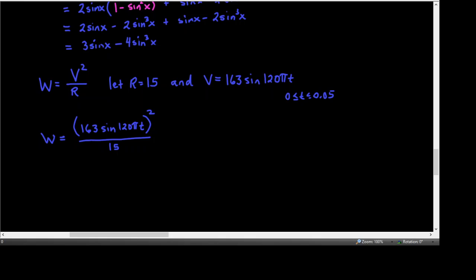Oh, yuck. Okay, well, we'll get there. So let me think here. This is going to be 163 squared sine squared of 120 pi t over 15.